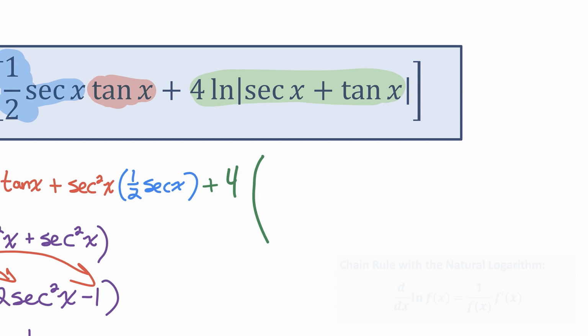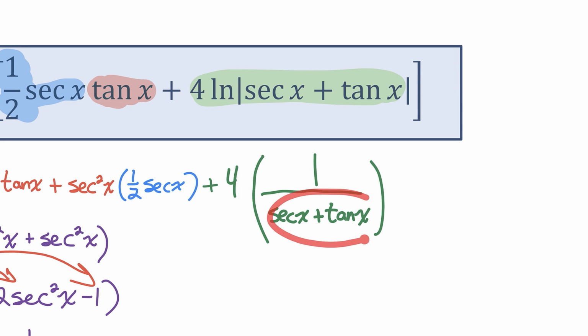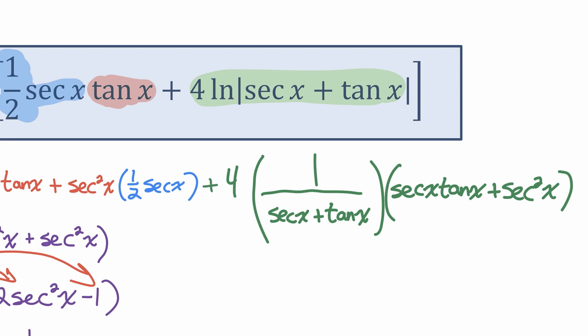So it would be 4 multiplied by 1 over secant x plus tan x, multiplied by the derivative of secant x plus tan x. The derivative of secant x is secant x tan x, plus the derivative of tan x is secant squared x. Now if I look at that factor, notice both terms have a secant x, so I could common factor out a secant x.